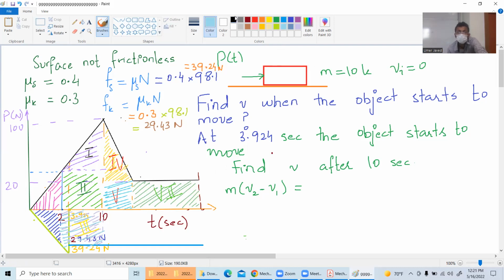Okay, now we will finish this by saying mv2 minus v1 is equal to, so play this little game with me. The area of the triangle 1, which is 1/2, so it will be 39.24 here.